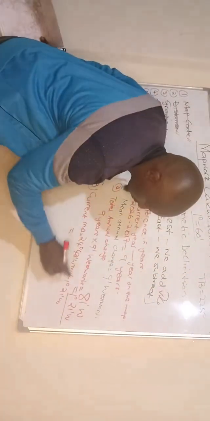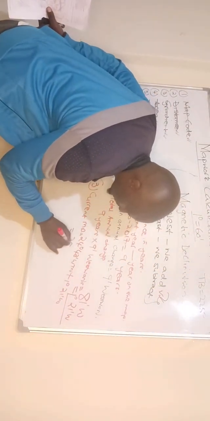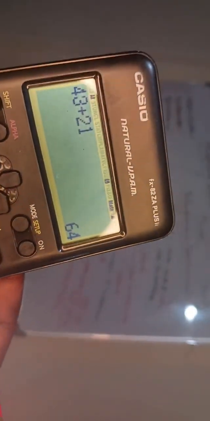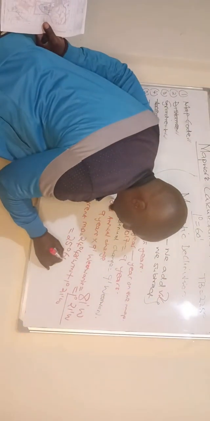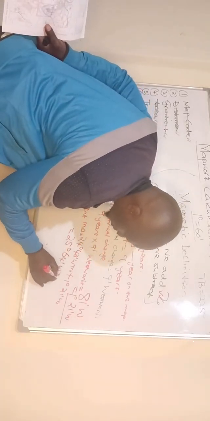Then we add the degrees and the minutes. 24 plus 1 is 25 degrees. 43 plus 21 minutes gives 64 minutes. Here now, remember, it's west of true north.